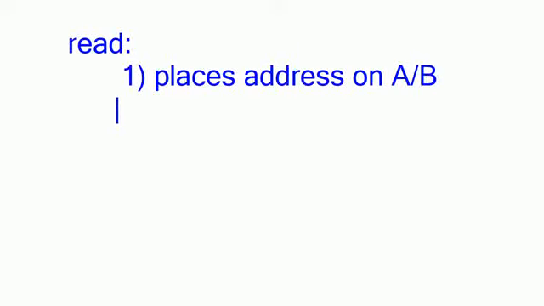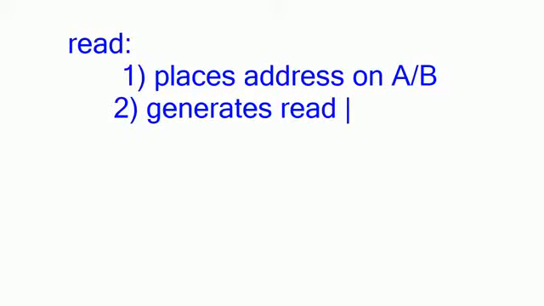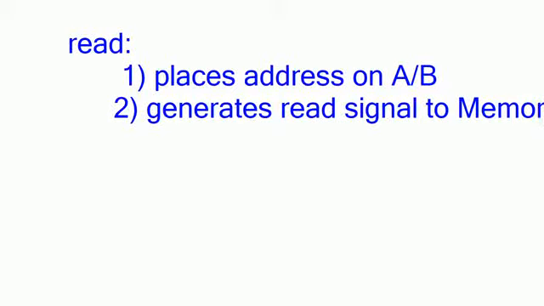After that, step 2. After placing the address on the address bus, it generates the read signal to memory. The memory is the one which places the data on the data bus, and the microprocessor is going to read that data.